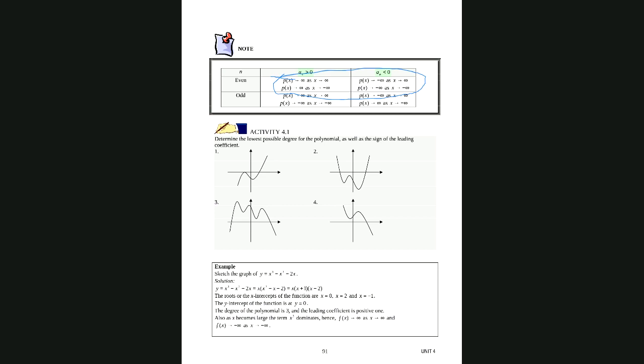Positive. No, I don't think so. Negative. Can you see it's negative? Yes.